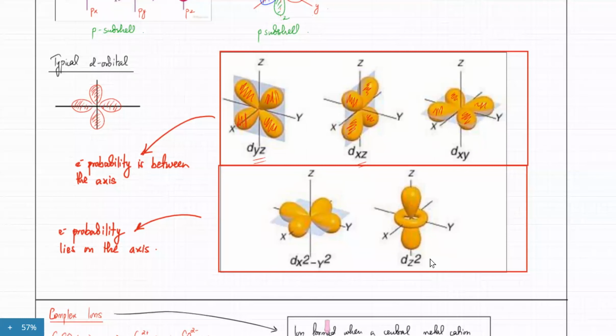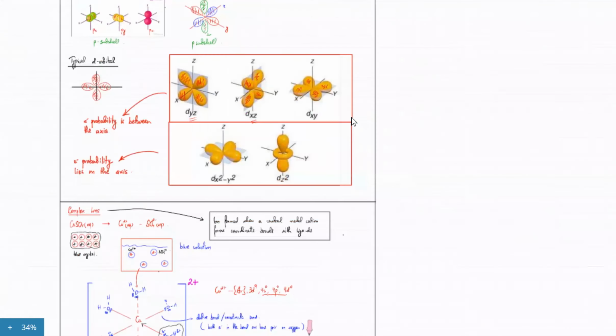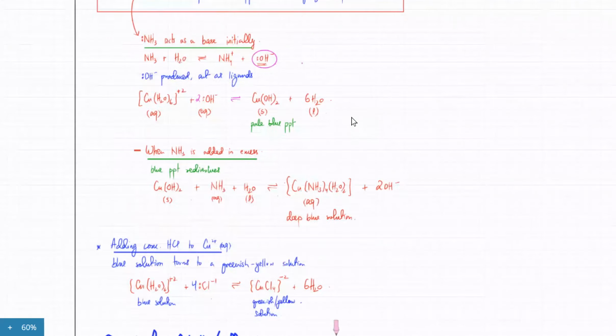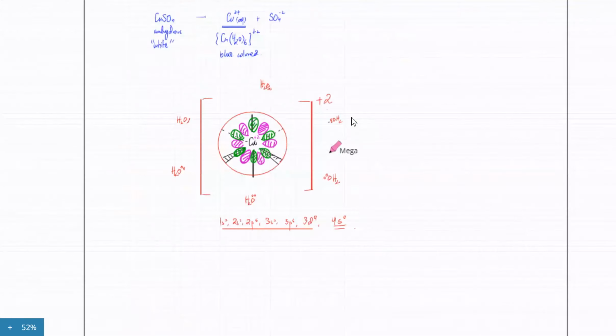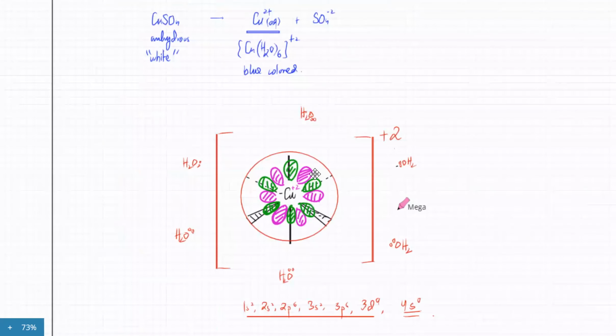So all these spaces would be full of electrons, and in the case of copper there would be 9 electrons. This is how the d subshell looks, this specific d subshell with 9 electrons. Is this clear so far?